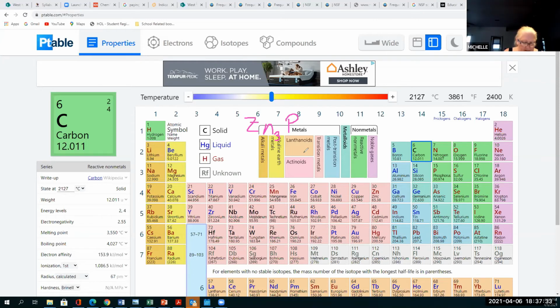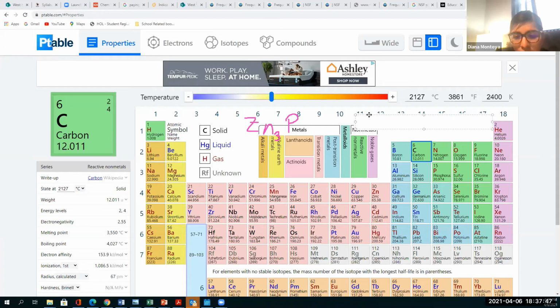Where's the zinc? Oh, right there. 30. So what's going to be the compound? Phosphorus is... the P is the -3. Can't find the zinc. It's number 30. Okay. Oh, there we go.